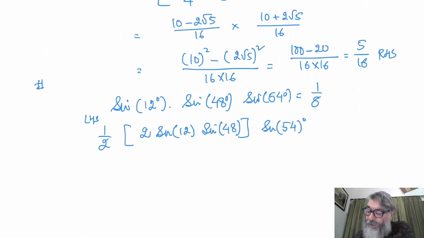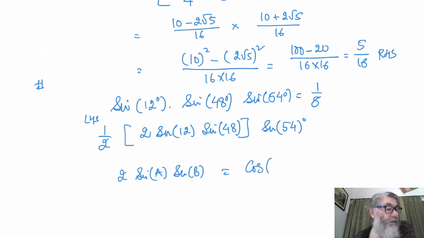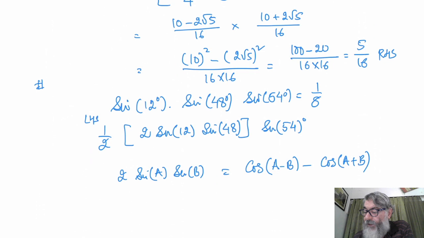Now 2 sine A sine B is cos A minus B minus cos A plus B. This is the last formula which only this thing was there, if you remember. Otherwise, plus term comes first and minus comes second.